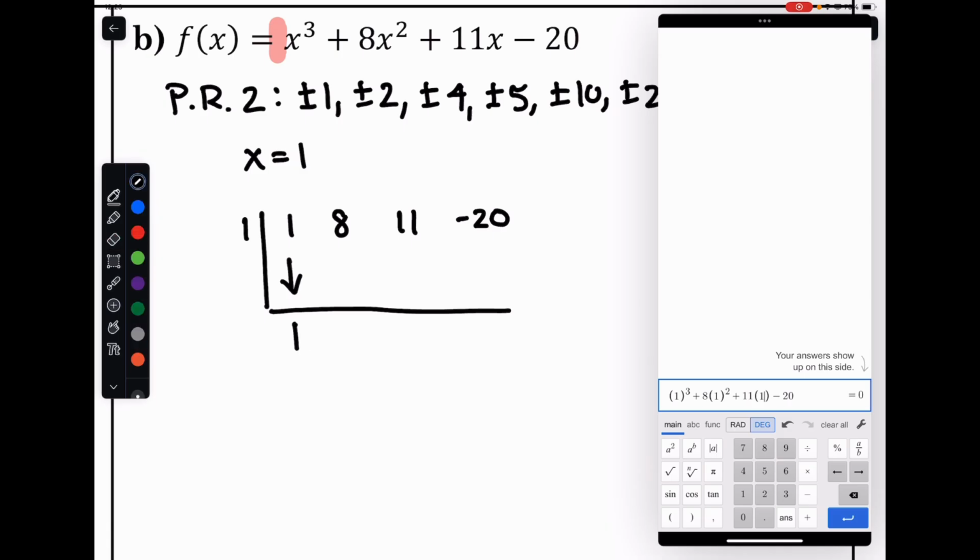So let's go through the procedure of synthetic division. We start by bringing down the 1 and then we multiply that 1 with this 1 up there, which gives us 1, and we add these numbers. So that's going to give us 9.